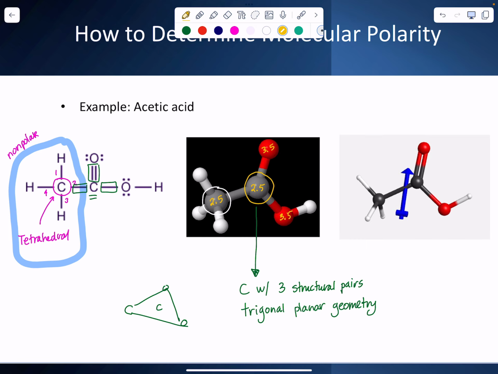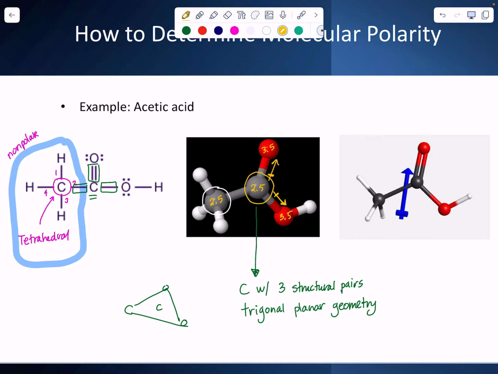In this case, we've got a couple of bond dipoles. One is pointing towards this oxygen, and one is pointing towards that oxygen, and we've got nothing on the other side.